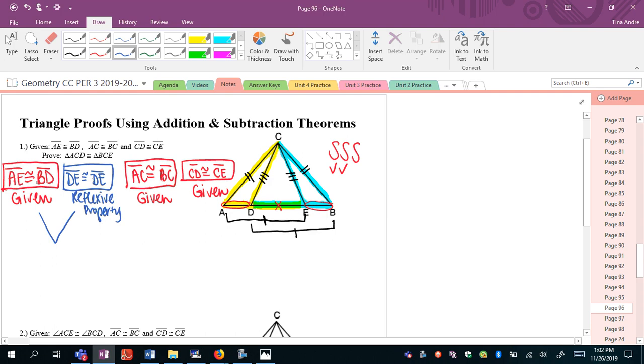So I can take AE and subtract off DE. So this whole segment minus this green section will leave me with AD. And DB minus this green section will leave me with this blue part, EB. So those have to be congruent by the segment subtraction theorem.